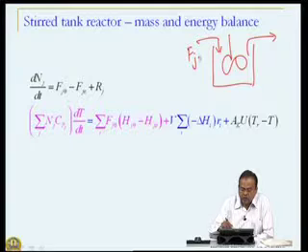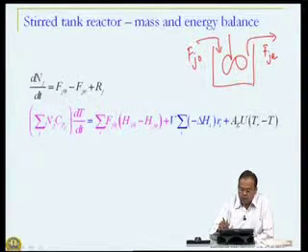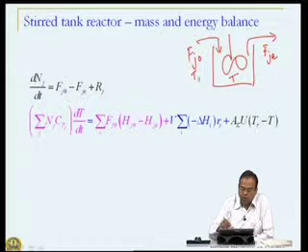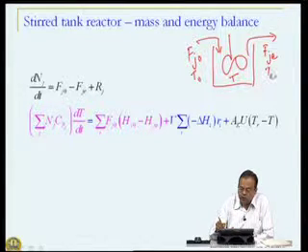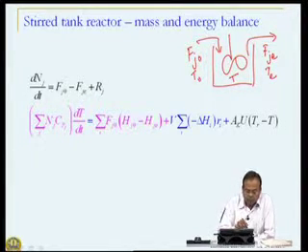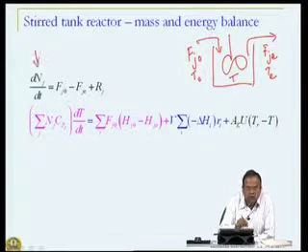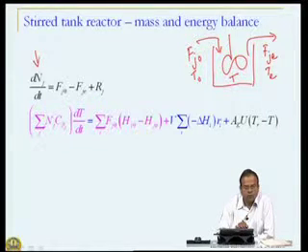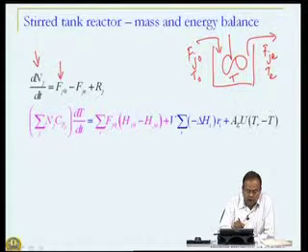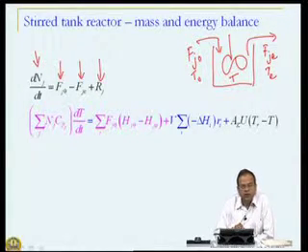Let us say for the jth species, these are the flow rates, the temperature inside is T, the temperature here is T naught, and here is Te, same as T. So, once again, accumulation is the molar flow rate coming in, going out, plus what is getting generated. That is our mass balance for the stirred tank reactor.